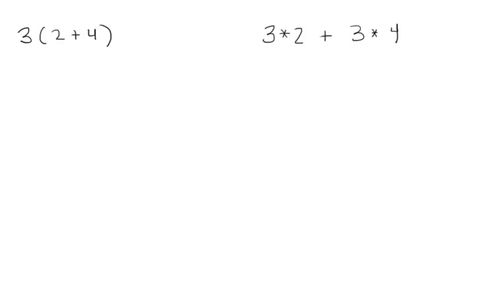Order of operations tells me that I need to do parentheses first. So 2 plus 4 is equal to 6. Remember, this is multiplying outside of these parentheses, so 3 times 6. I do that next, that's equal to 18.